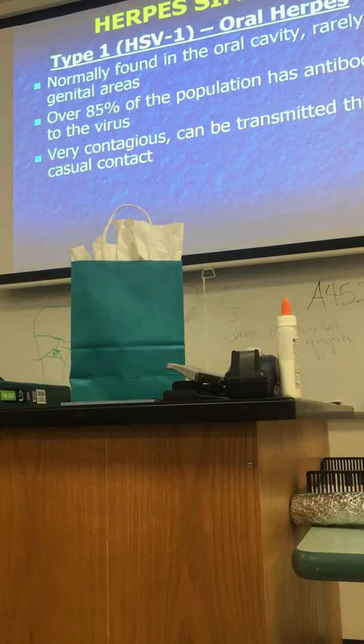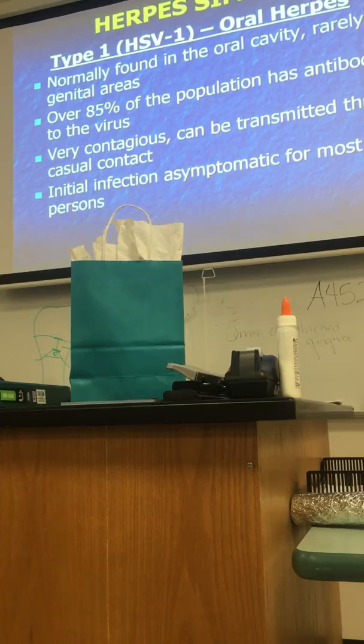So we know that pretty much the majority of the population is going to have this. Either 85%, or a third or a half of the population, is going to have the virus within them. It can be latent as well, which means what, Emily? It's dormant. Right, which means that once you've been inoculated with the virus, you may have the first primary symptoms, and then it could remain latent.